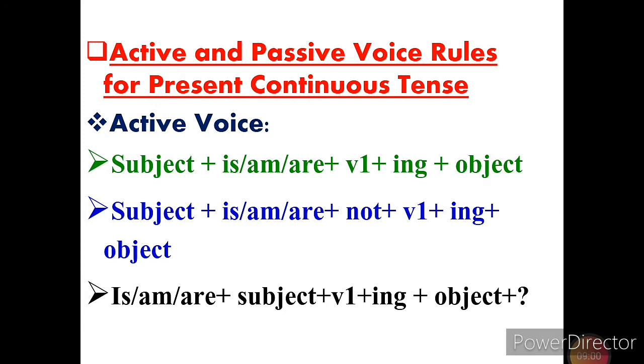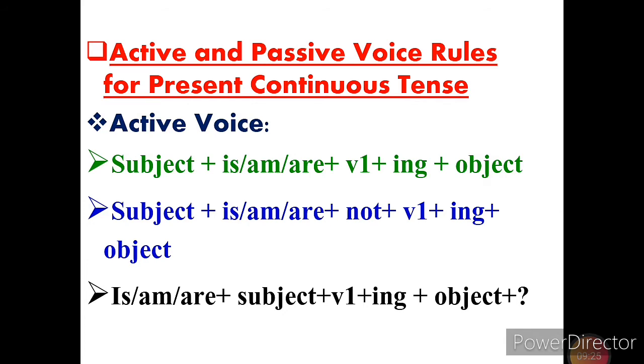The same is followed in the subject. Subject, is, am, or not, base verb, ing form, object. So when we put interrogative structure here: is, am, or subject, base verb, ing form, and object.